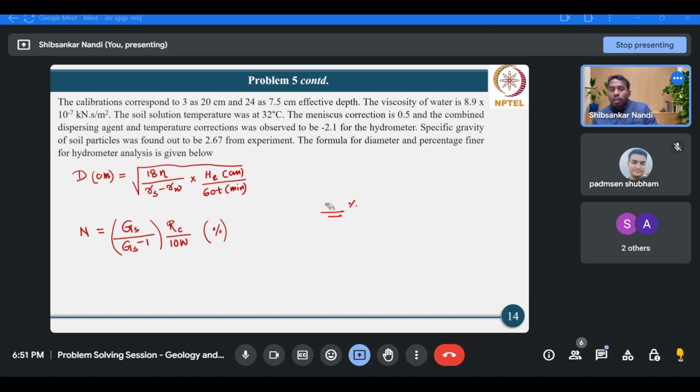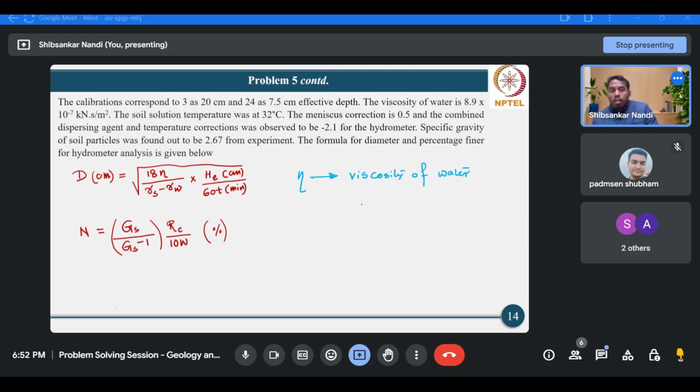Now if you observe very carefully, to get the particle size, what information do we need to know? First of all, the viscosity, eta means viscosity. We need to know the viscosity of water, because this is the medium through which the particles are settling.